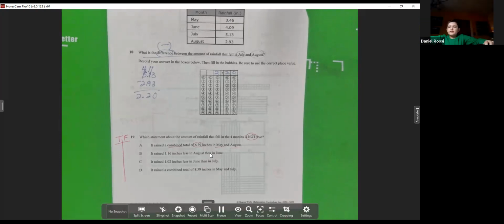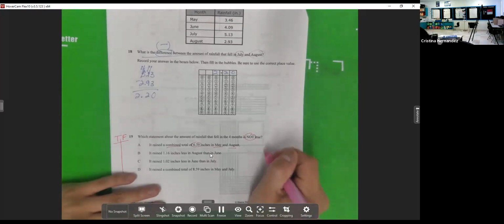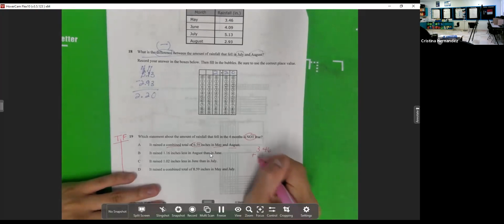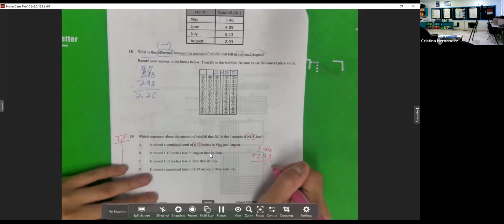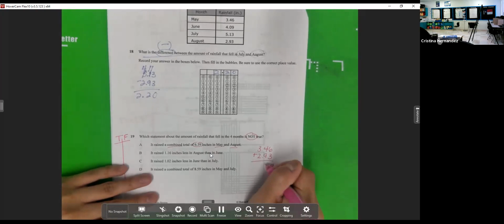It means addition. Adding. 2.46 plus 2.93. What do we get when we add those? 5.39.